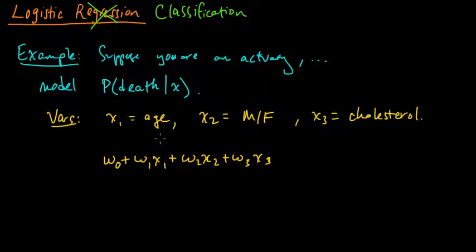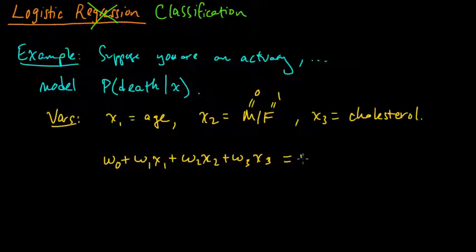So as the person gets older, it's more probable that they're going to die in the next 10 years. Also, if w3 is positive, then as the cholesterol gets higher, this term makes it larger. And if male is 0 and female is 1, then this term gives you an offset either way, to increase or decrease the probability depending on whether the person is male or female.